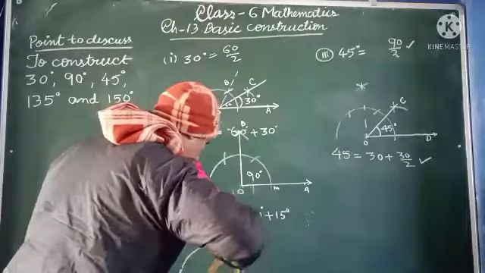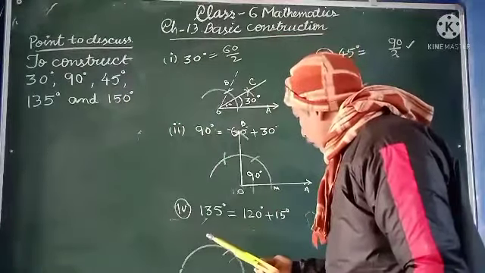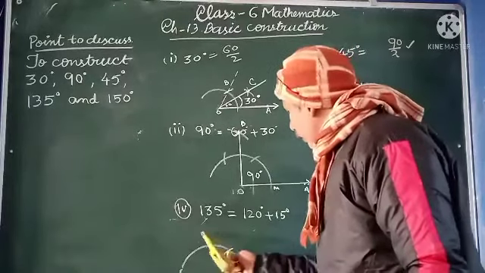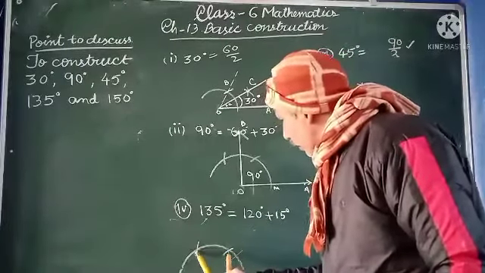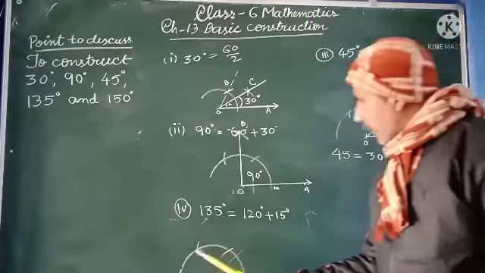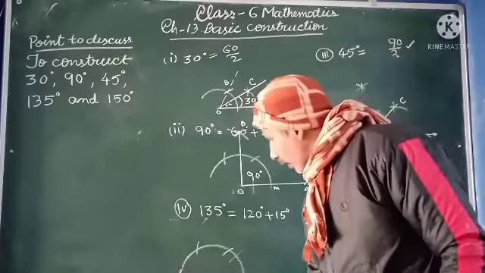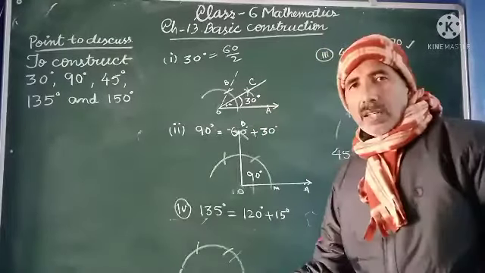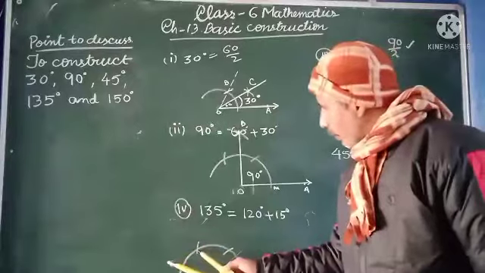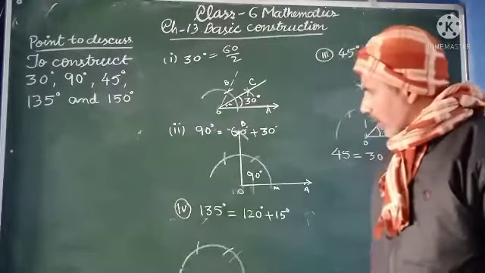Then from here we can draw without changing the radius. This is 120. Now after 120 we have to make the 15 degree, and for that we will make another 60 degree here. How we learned to make 180 degree, same way we will draw it here. You got it here.